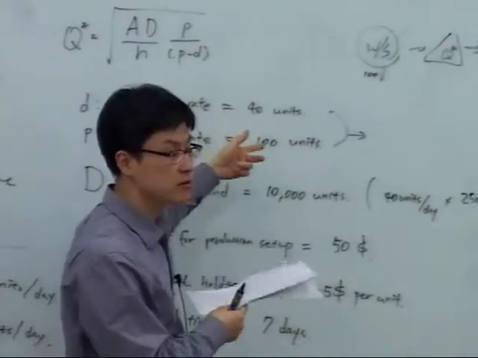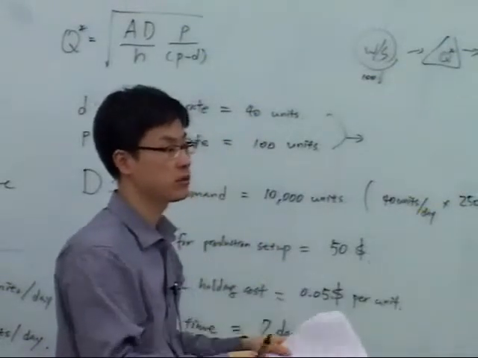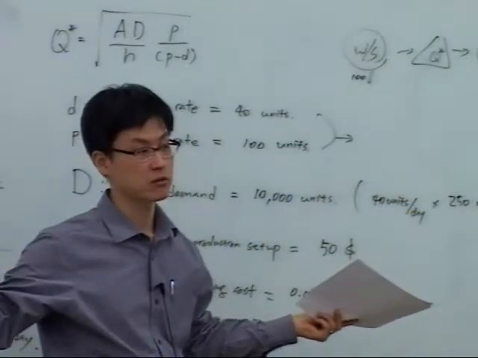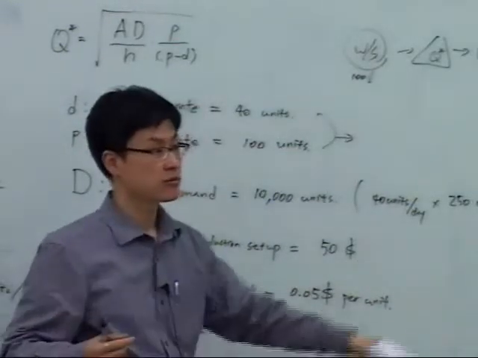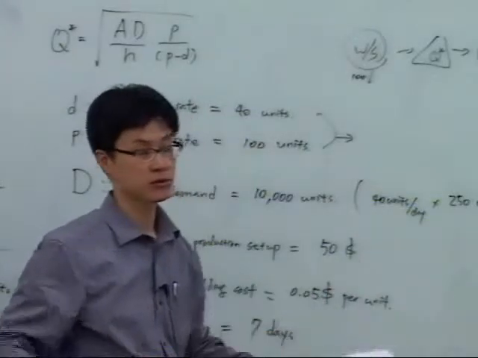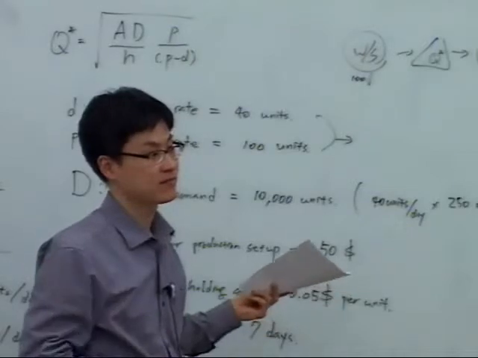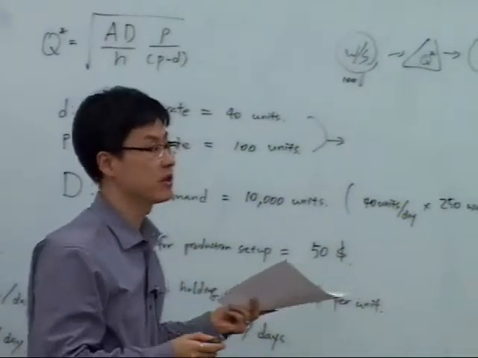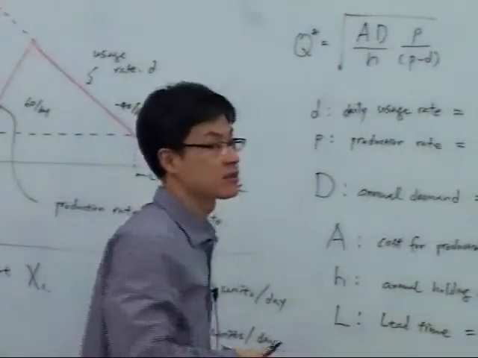This production system cannot work. You're consuming 100 per day, but feeding is 40 per day, then that's the end of the story, right? What if you consume 40 per day, and your input is 40 per day? It can still work.